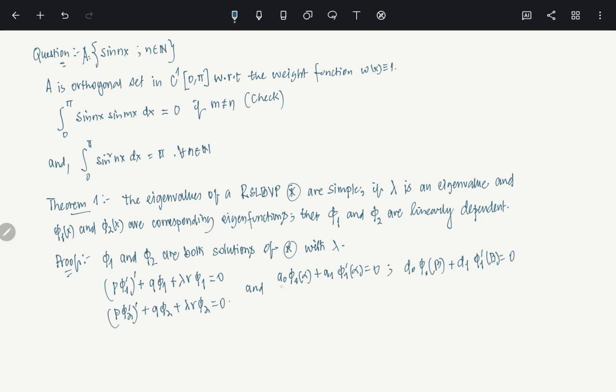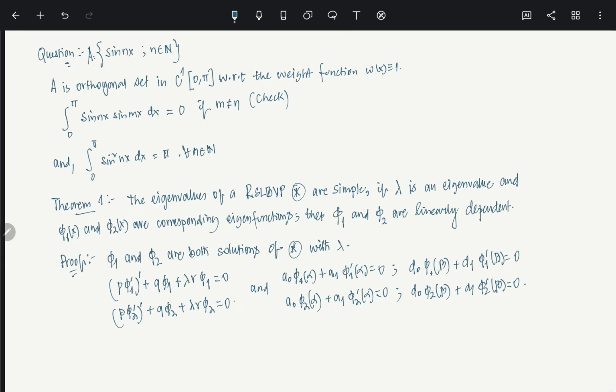Similarly, phi2 also satisfies this equation. So A0 times phi2 at the point alpha plus A1 times phi2' at the point alpha is 0, and correspondingly D0 phi2 at the point beta plus D1 phi2' at the point beta is going to be 0. So if phi1 and phi2 are both eigenfunctions corresponding to the eigenvalue lambda, then all these conditions hold.